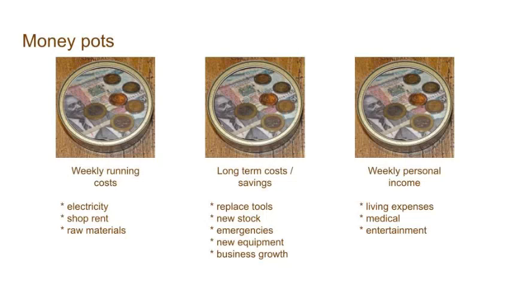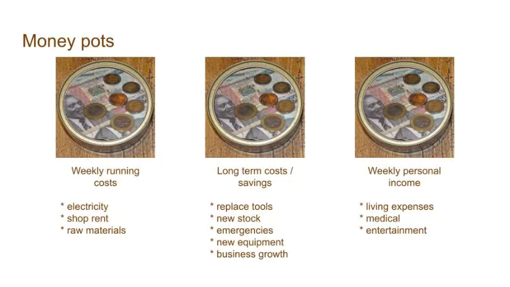The long-term costs and savings pot is also helpful for emergencies, for things that come up that you hadn't planned. It might be theft of stock, or it might be personal emergencies, it might be medical emergencies, all sorts of things.